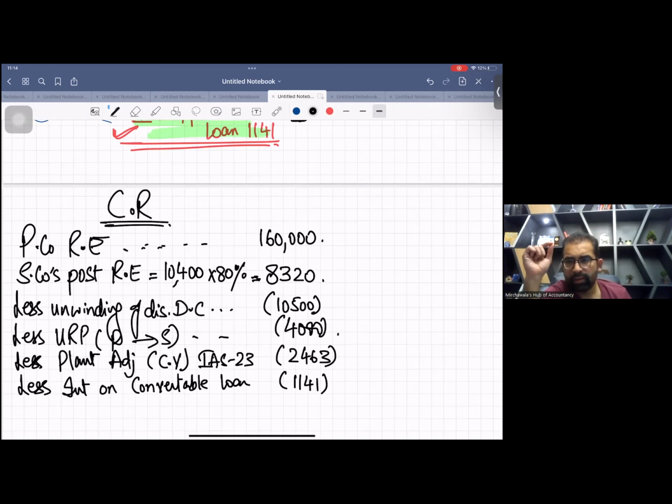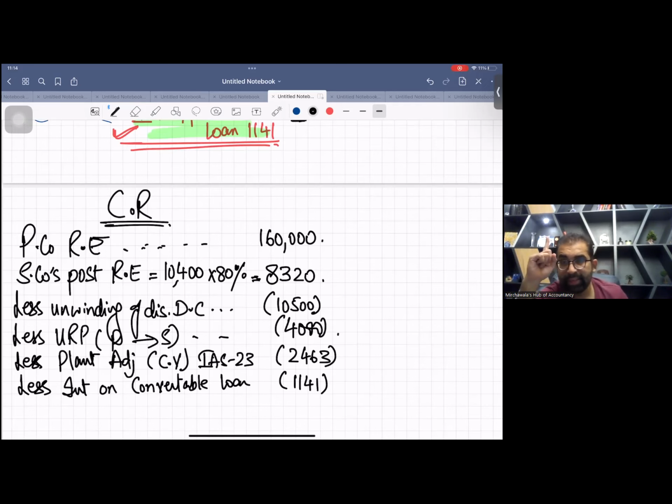So yes, we have done parent company and subsidiary company posts. We have done P2S sale, URP, unwinding of discount, the convertible loan note and the power plant adjustment. I think we have done all of them.